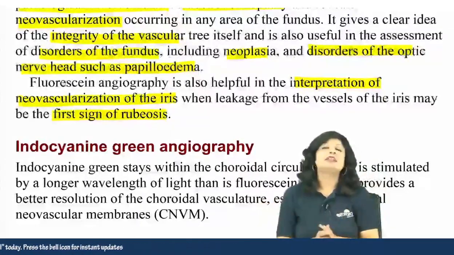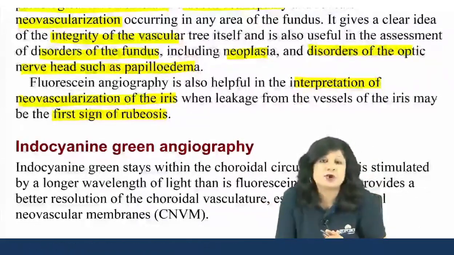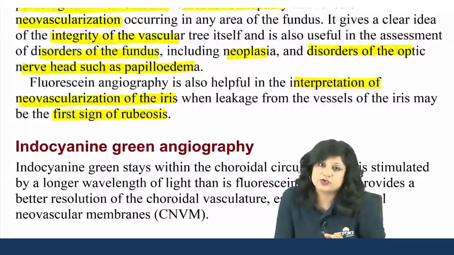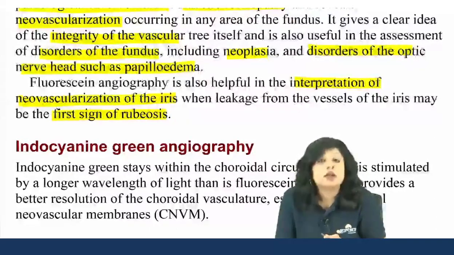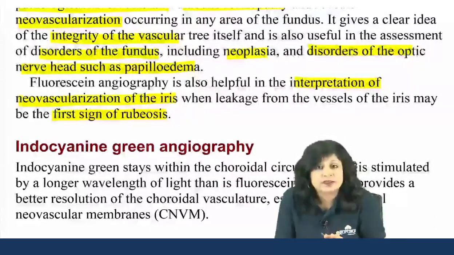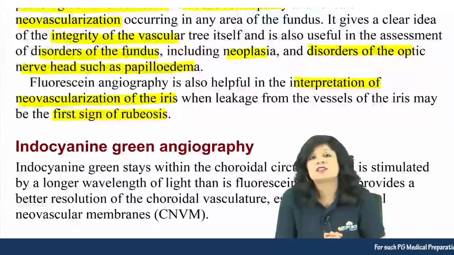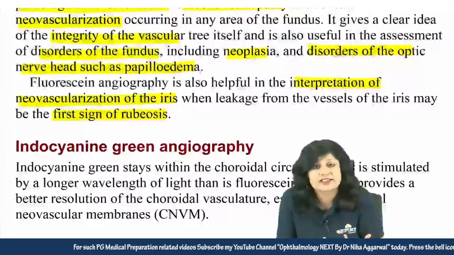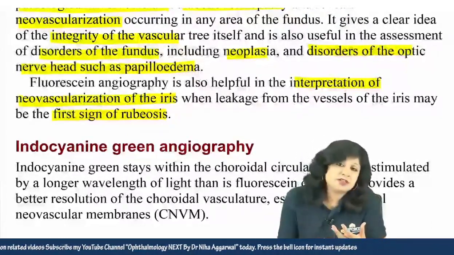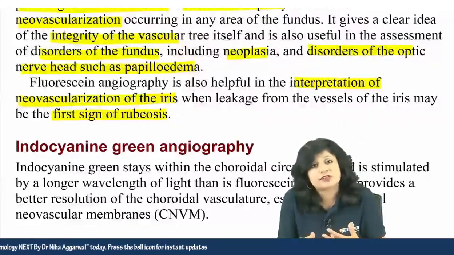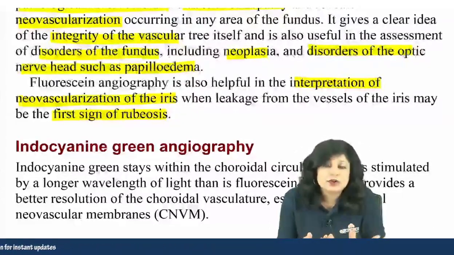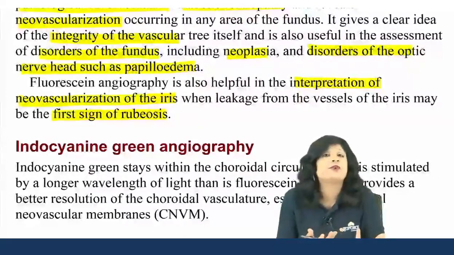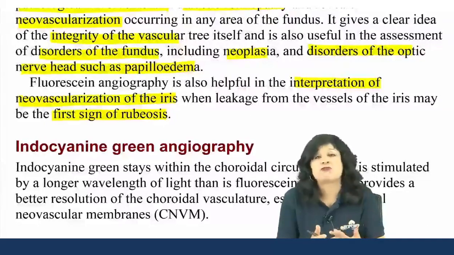So definitely, fluorescein angiography will play a very important role wherever we suspect disorders related to the vasculature, be it diabetic retinopathy, cystoid macular edema, central serous retinopathy, ARMD, wherever we suspect that new blood vessels have been formed, there is evidence of neovascularization, be it in the optic disc or over the iris in rubeosis iridis, or you have disruption of the blood retinal barriers. It could be the outer blood retinal barrier or the inner blood retinal barrier. This angiography will definitely help.